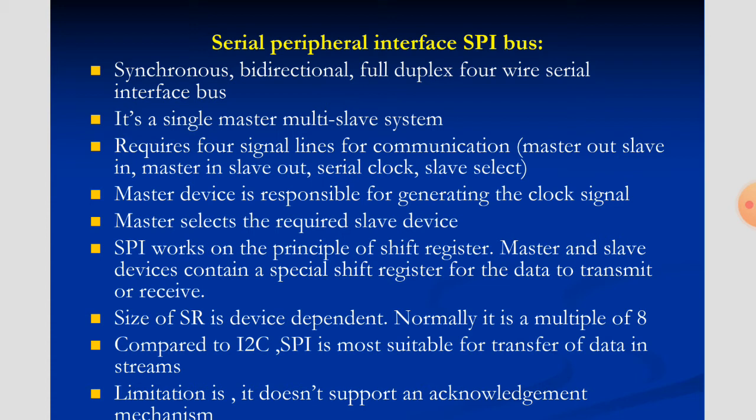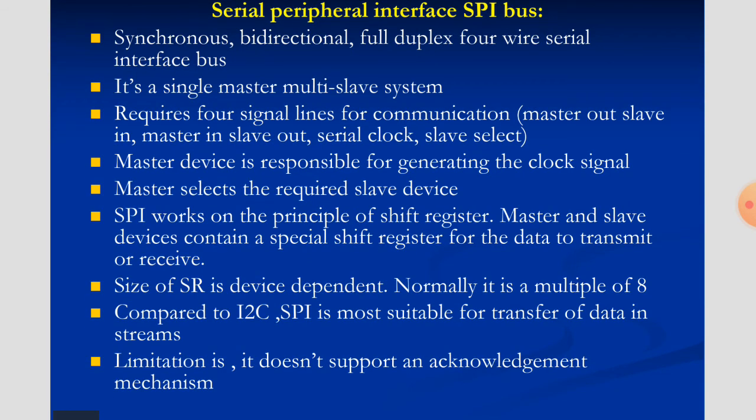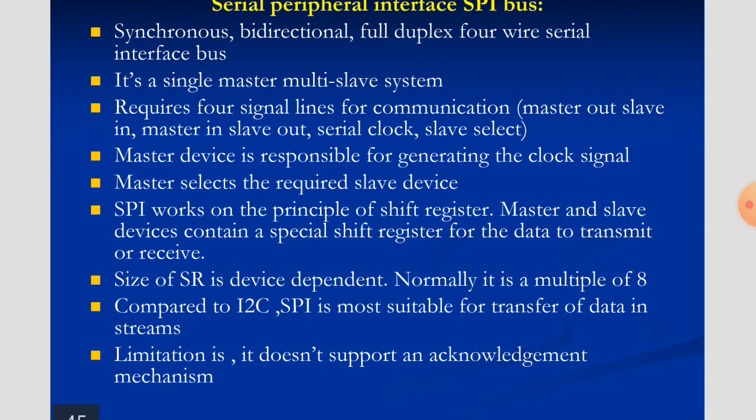It is a single master, multi-slave system, so one master can be connected to n number of slaves. It needs 4 signals for communication: master out slave in, master in slave out, serial clock, and slave select. The 4 lines should be present.